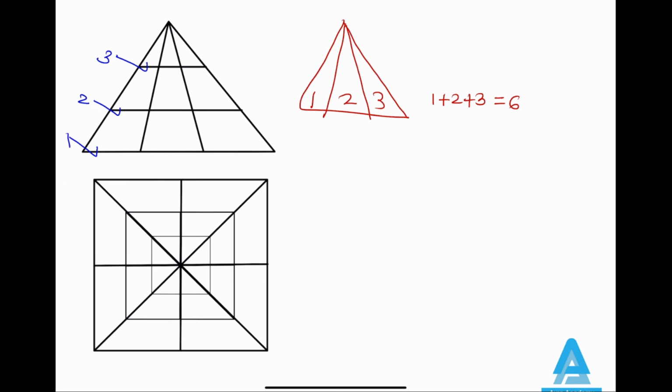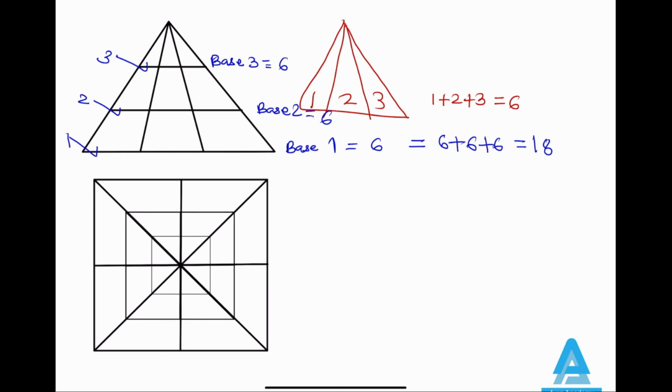So count the number of triangles on each base. For base number 1, it is going to be 6. For base number 2, it is going to be 6, and for base number 3, it is going to be 6. So the total number of triangles is 6 plus 6 plus 6, that is 18.